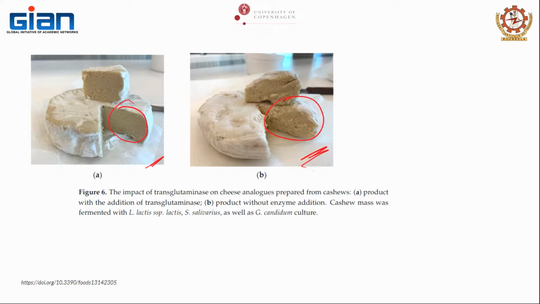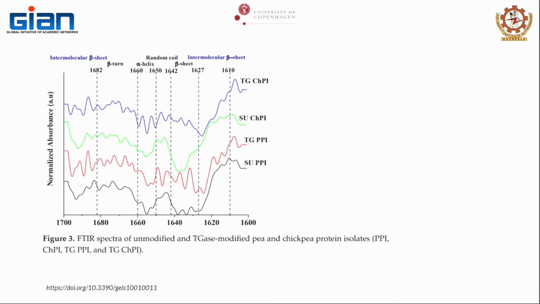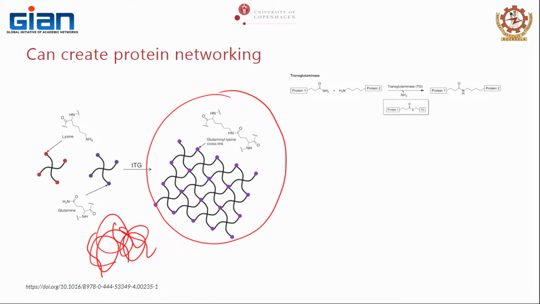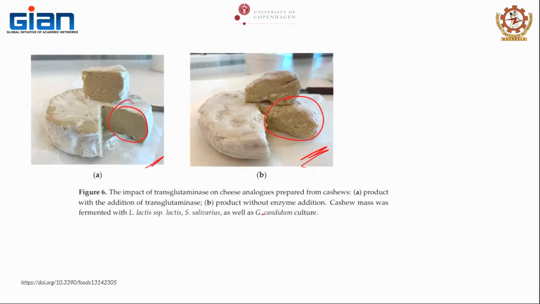Cheese has to have a cheesy structure, right. You have all eaten cheese, paneer for example. If the paneer is very soft and liquidy, do you like it? It has to be hard, and that hardness can be created by creating this protein network, and transglutaminase does that particular job.